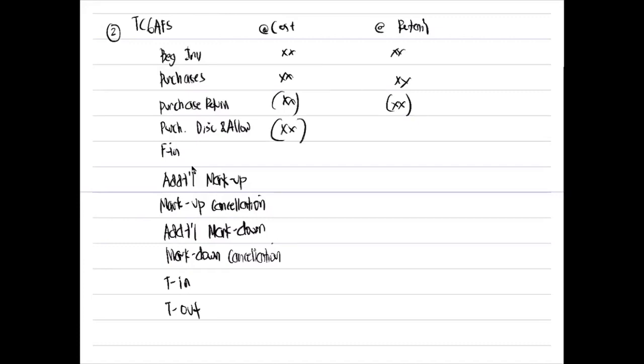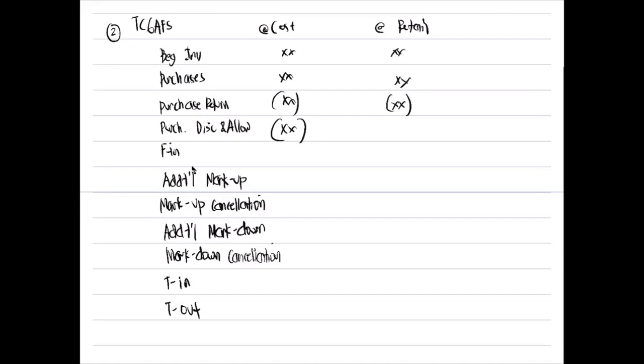Sir, why do we not make use of your purchase discount or allowance under your retail? You do not make use of your purchase discount or allowance under retail because, guys, there is no actual decrease in your inventory. So take note, our rule a while back, we only affect items that have an actual decrease or increase in the inventory or a movement in our inventory. A discount or allowance does not increase or decrease our inventory.